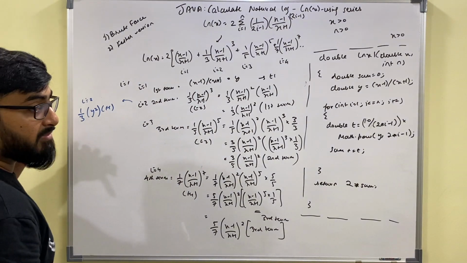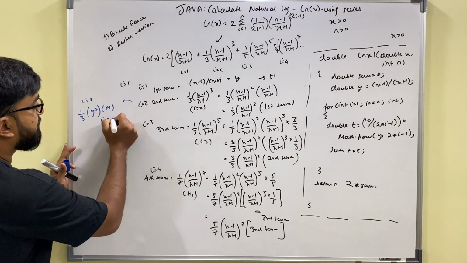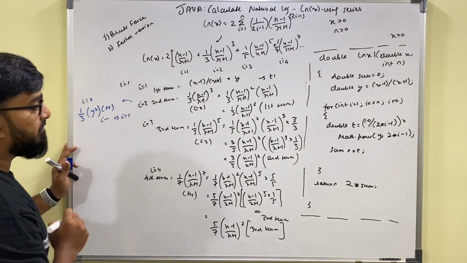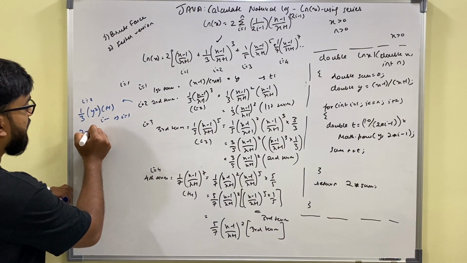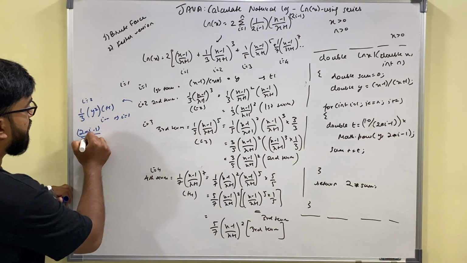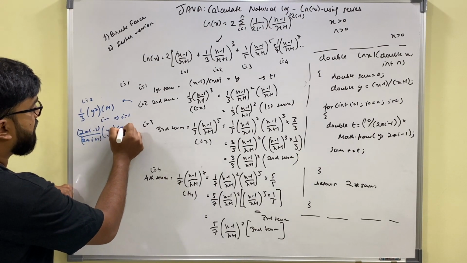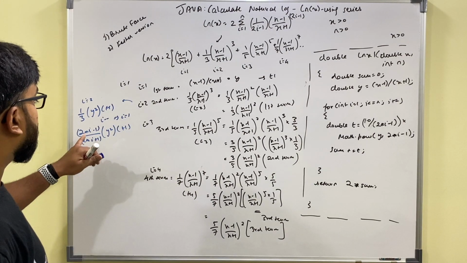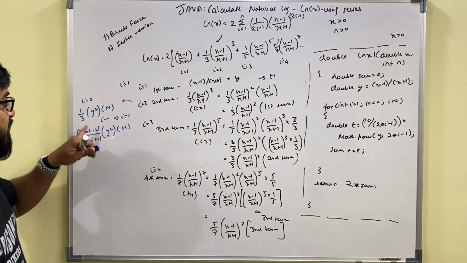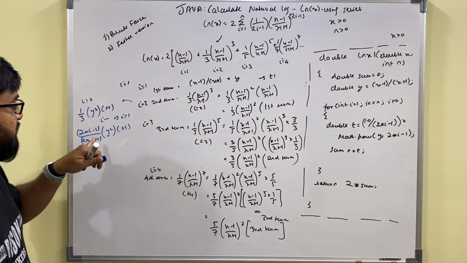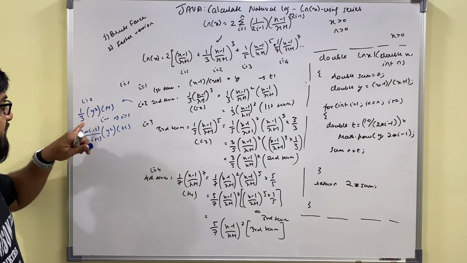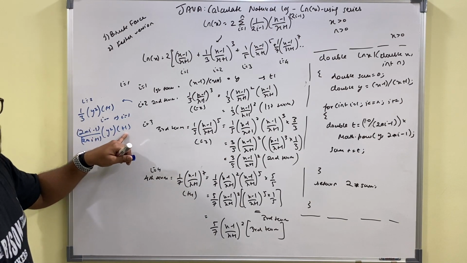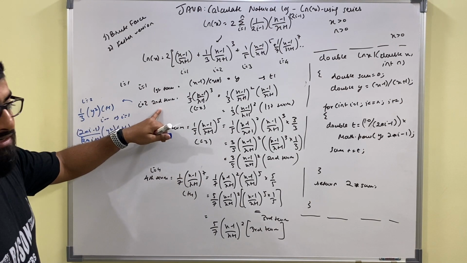Okay, so I do I minus minus first, so I becomes 1, and then I'll do 2i minus 1 upon 2i plus 1 into y square of t1. So 2i minus 1 for I equal to 1 is going to give you 1, 2i plus 1 for I equal to 1 is going to give you 3. So 1 by 3 into y square into t1, which will give you the second term.